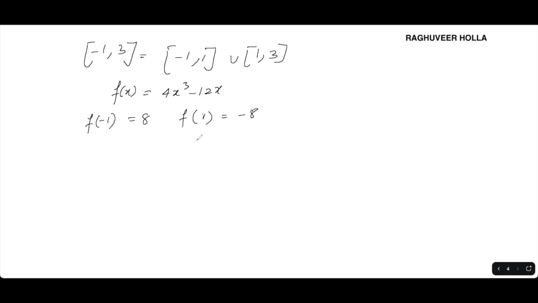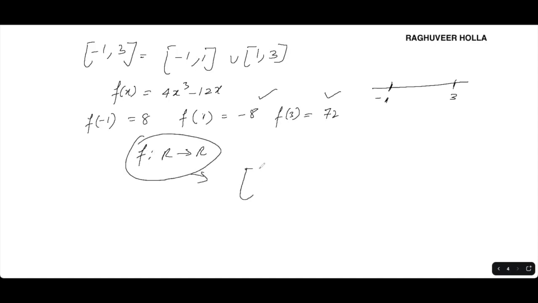Let us put f(3) here. If I put the value 3, we get 72. So −1 and 3 are the endpoints. The best choice for the mapping R to R is [−8, 72].